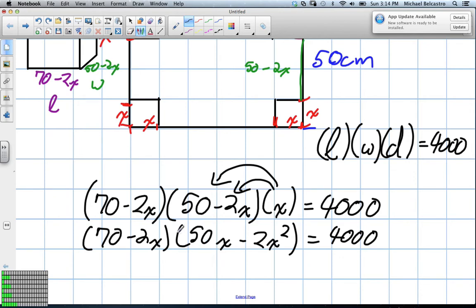Okay, we'll distribute again. 70 times 50 is going to give me 3,500x. 70 times negative 2x will give me negative 140x squared. Oh, 140. Sorry, I did 7 times negative 2.